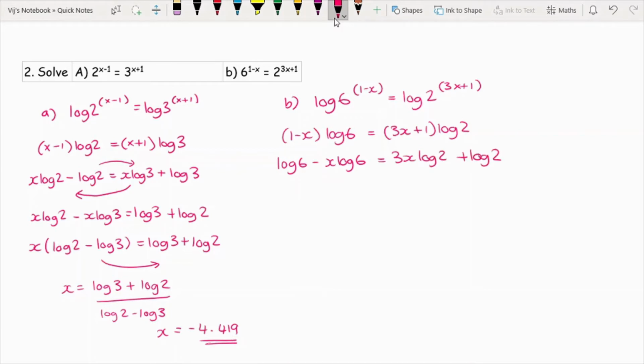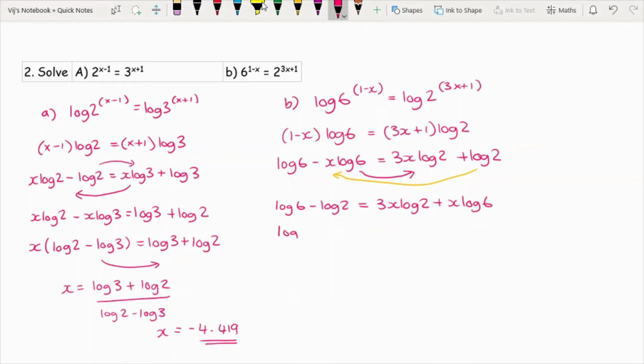Now for this, it makes more sense for me to take this negative x over to the other side to make it positive, because I much prefer working with positives and negatives. And I'm going to take this log 2 over to the left hand side. So what I end up with is log 6 minus log 2 equals 3x log 2 plus x log 6.